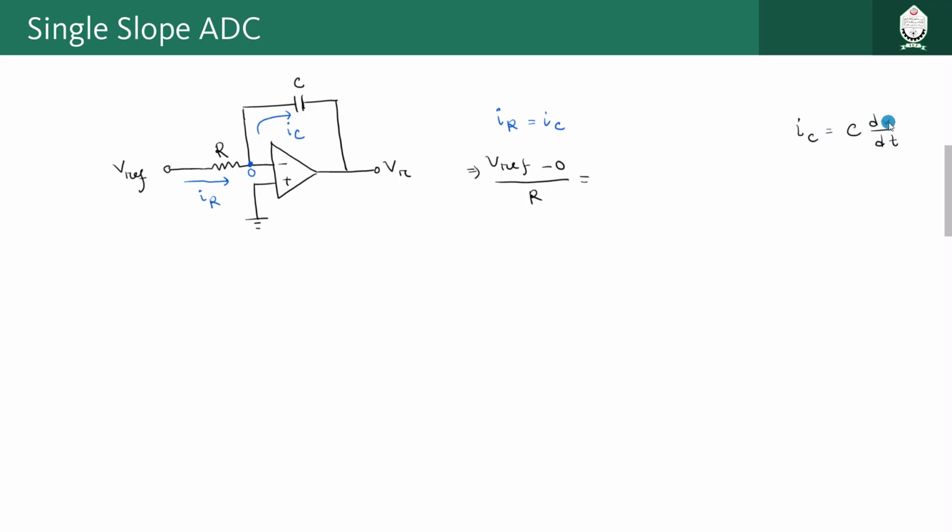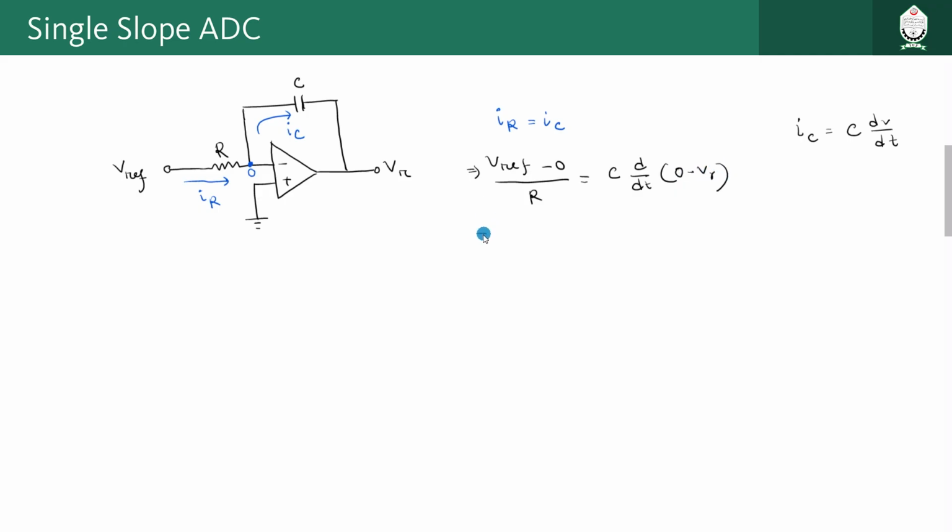So here the voltage is basically the voltage difference between the two plates of the capacitor. So in these two terminals, what is the voltage difference that we have to calculate to find the value of V here? So we can write C d/dt of 0 minus VR, that is the voltage difference between these 2 points, right?